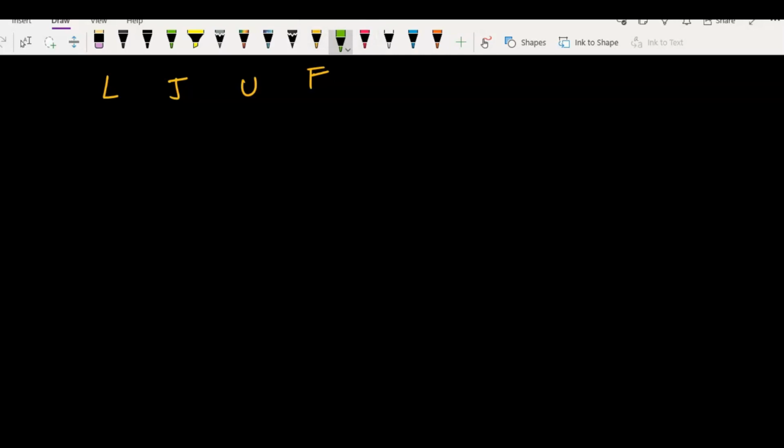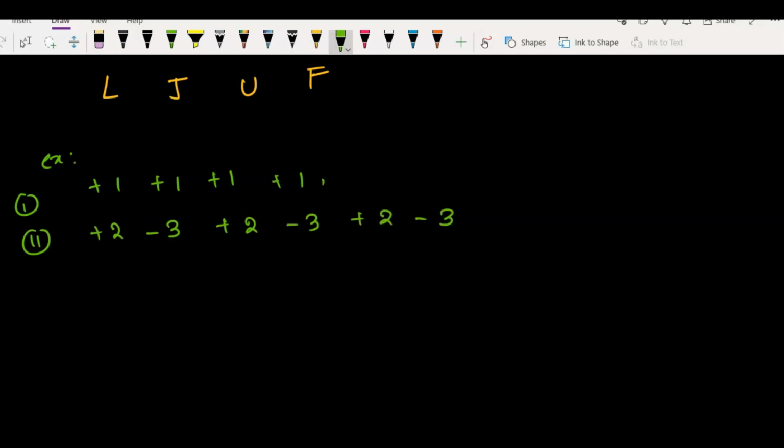So what is a logical sequence? Some examples are, suppose we have plus 1, then plus 1, plus 1, plus 1, like that. This is a logical sequence. Another example, suppose we have plus 2, minus 3, plus 2, minus 3, plus 2, minus 3. This is another logical sequence.